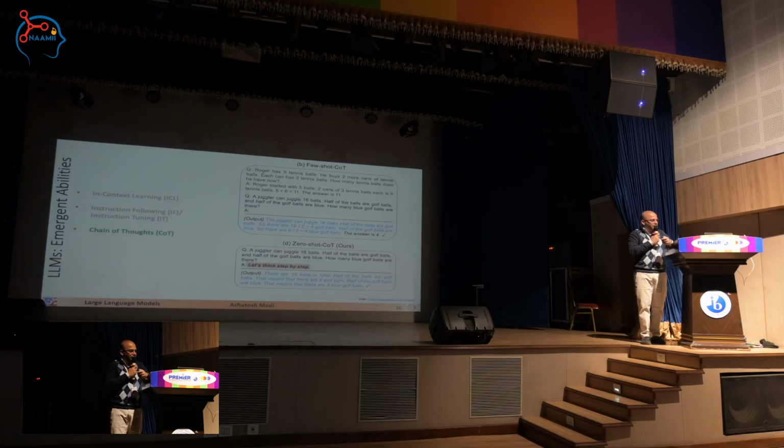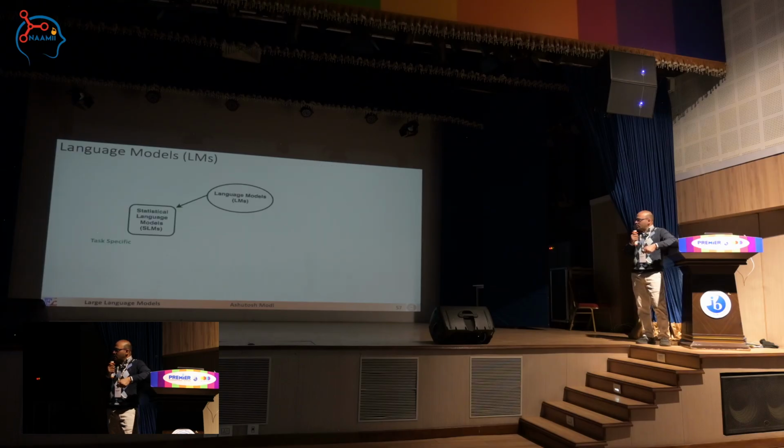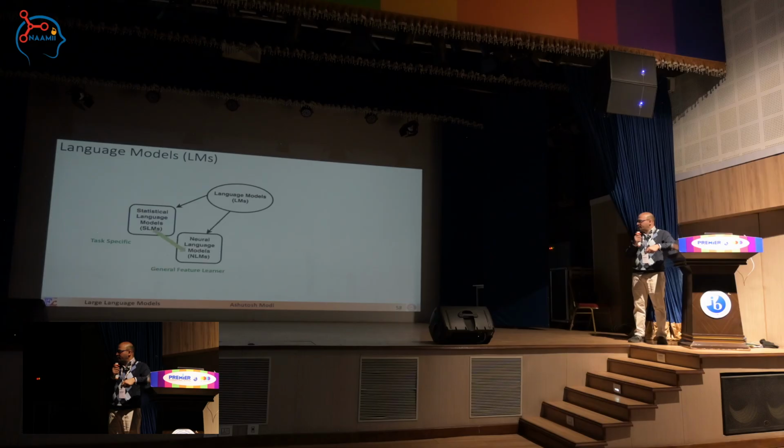So this is another emergent ability. These are the key emergent abilities which have come out of nowhere: in-context learning, instruction following, and chain of thought. To summarize this part: earlier, statistical language models were task specific.